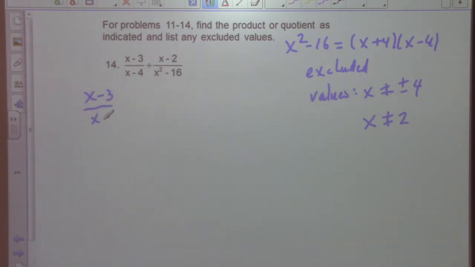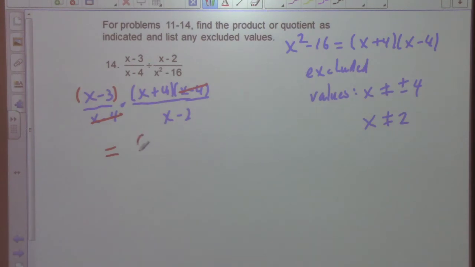Mark has suggested, right? We can take and change this into what? x plus 4, x minus 4 over x minus 2. And what opportunities for cancellation do we have? x minus 4. Is that right? We've worked out a lot of problems where there have been more opportunities for cancellation.